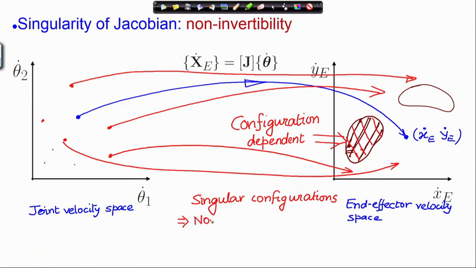So, we have non-attainable end effector velocity.